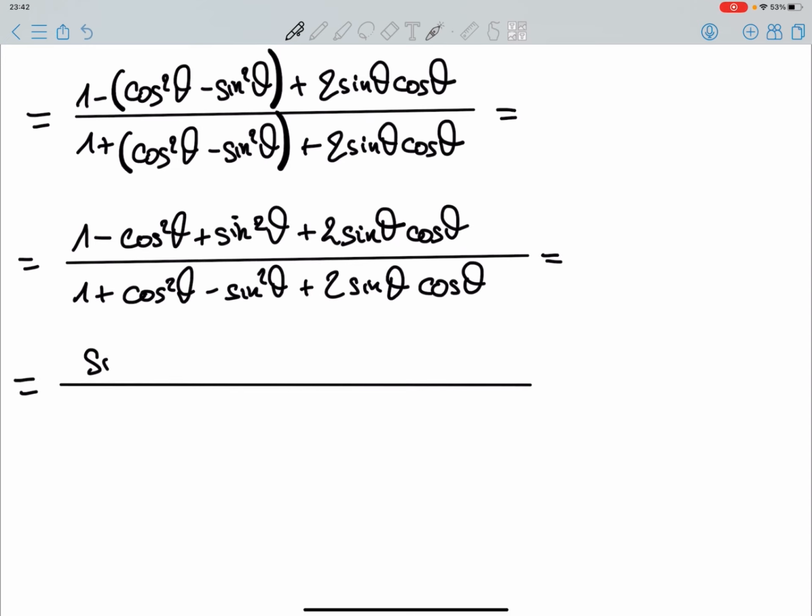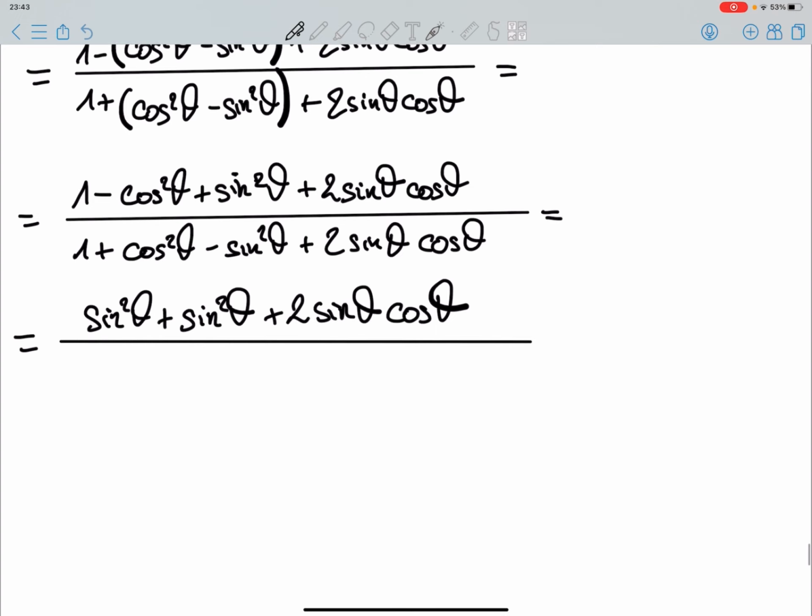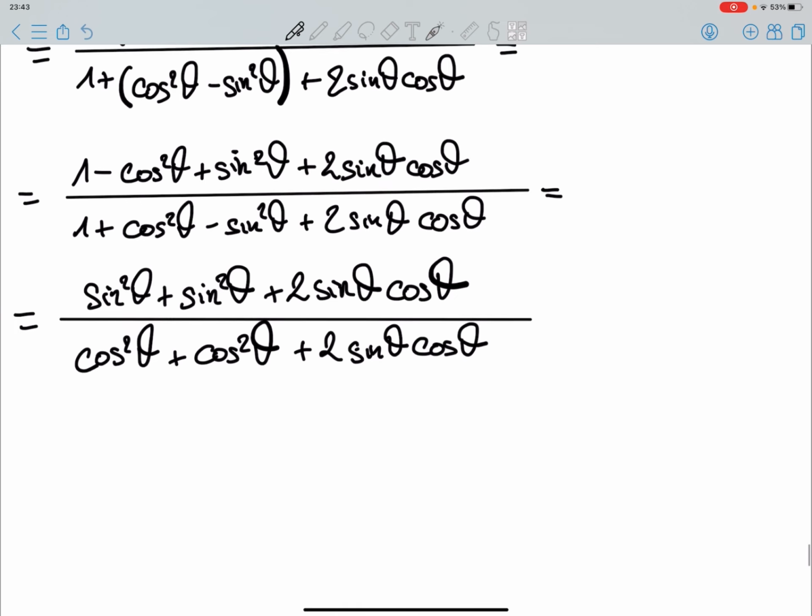So this is equal to, on the numerator we have sine square of theta, which is this, and then we have sine square of theta again, right? So plus sine square of theta plus 2 sine of theta cosine of theta. Then on the denominator we have cos square of theta, which is 1 minus sine square of theta, and then we have cos square of theta again, so plus cos square of theta plus 2 sine of theta cosine of theta, right?